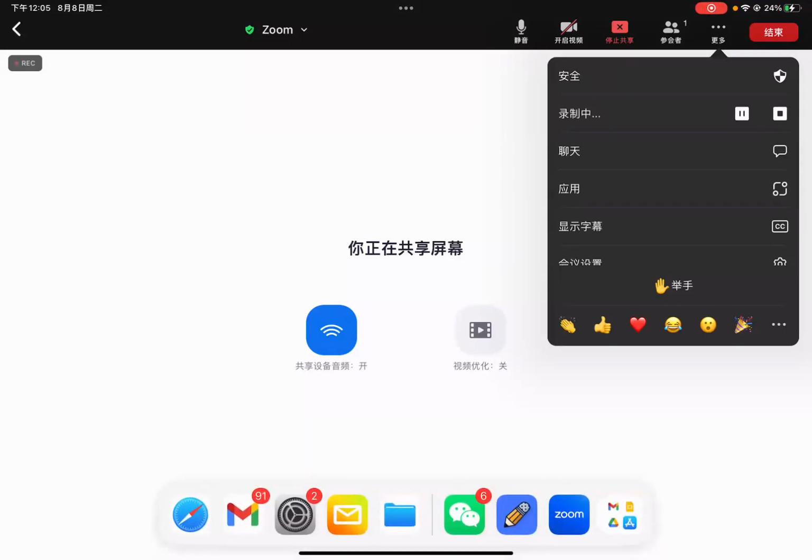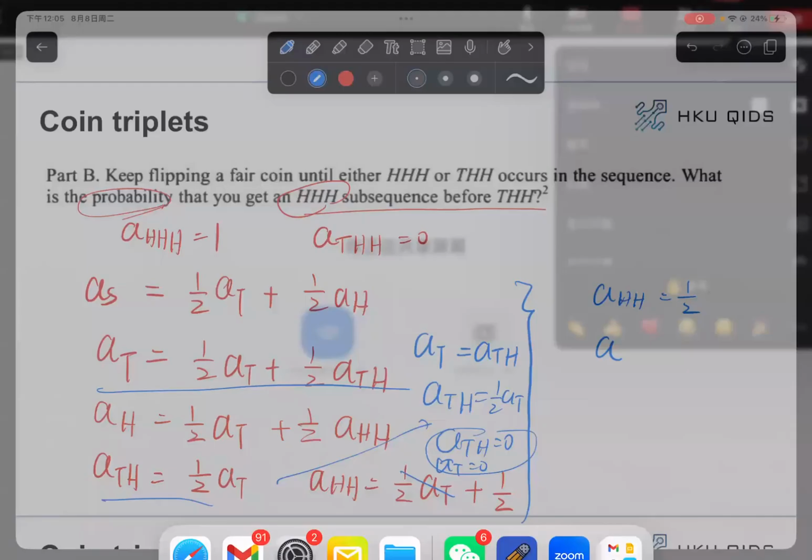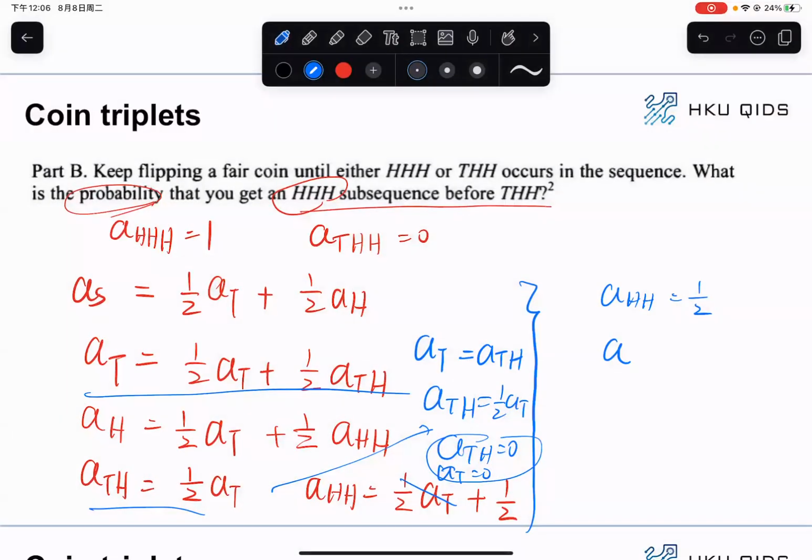And then let's continue. So we have AHH equal to 1 over 2. And then by putting AHH here, and this is 0, so we can have AH equal to 1 over 4 and AHHH equal to 1 over 8, right? So the probability that we end up with HHH is 1 over 8, okay?